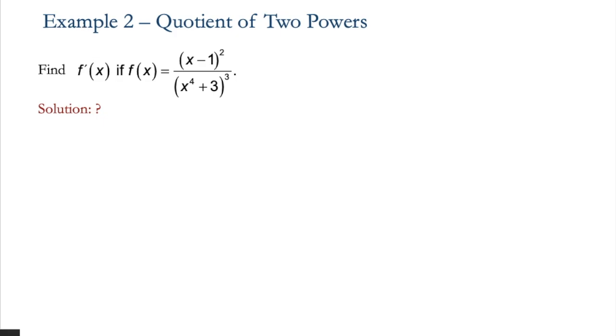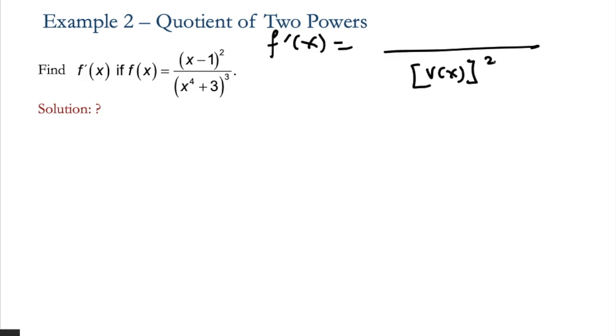What you can do here is use the quotient rule, and we know that the quotient rule looks like this, isn't it? v(x) here, squared, and then here what you can do, v(x) times u prime(x) minus u(x) times v prime(x).